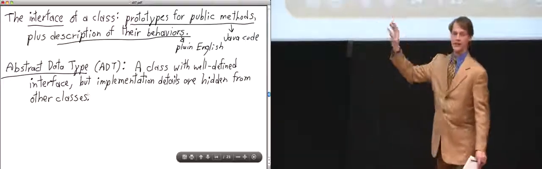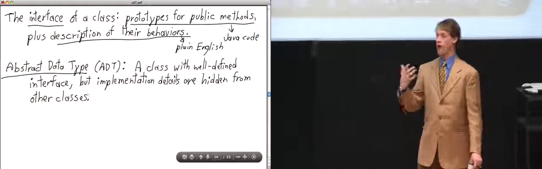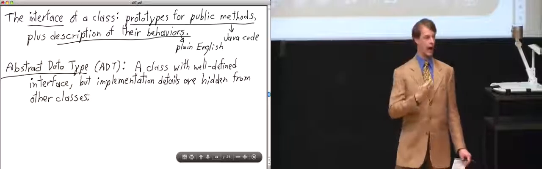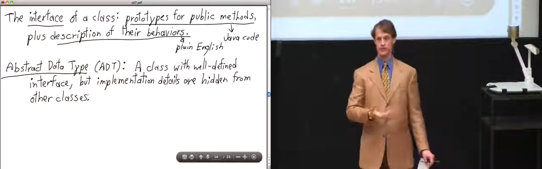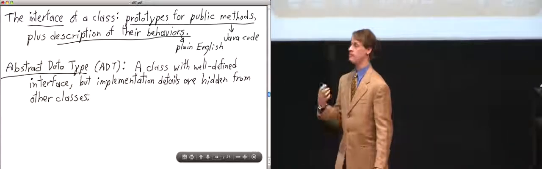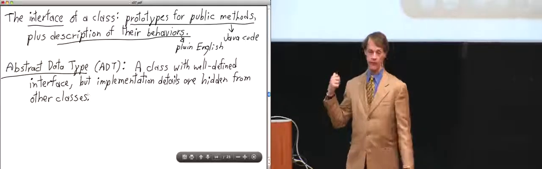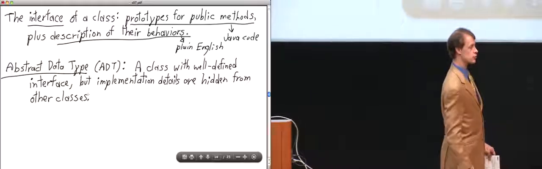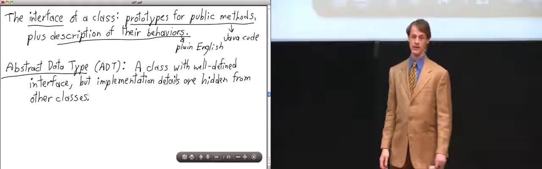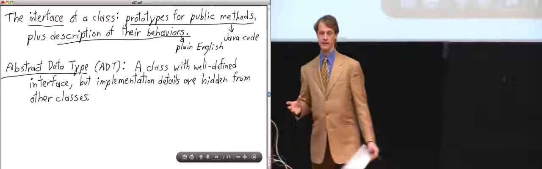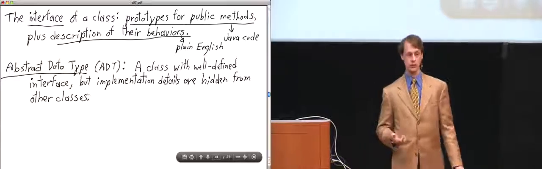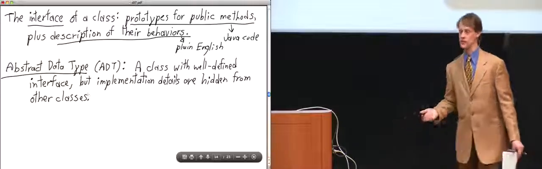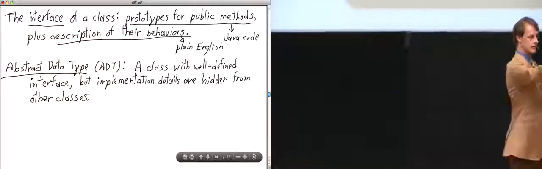So the interface is supposed to expose how you interact with me, what my list can do for you, and how you add things to the list, remove things from the list, etc. But it does not expose whether I'm using arrays or linked lists or balanced binary search trees or some completely different data structure. That is hidden, and that gives me the power to replace a slow implementation with a fast implementation, replace a buggy implementation with one that works better. Yes?